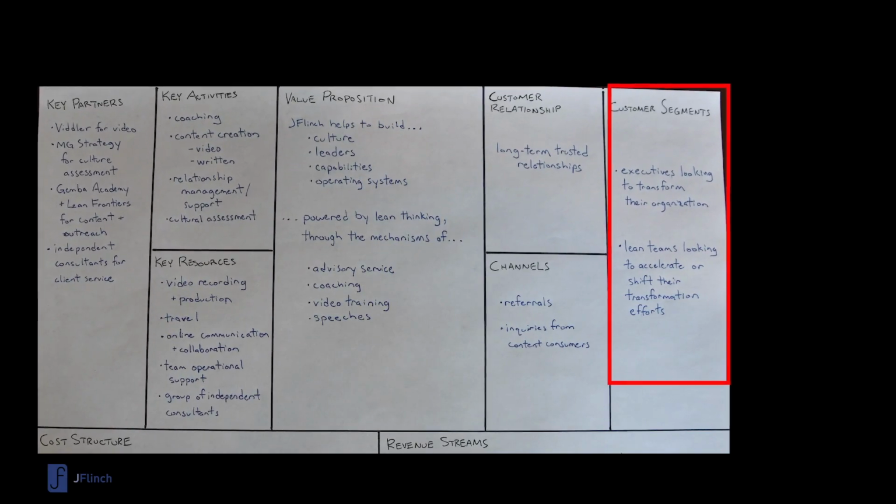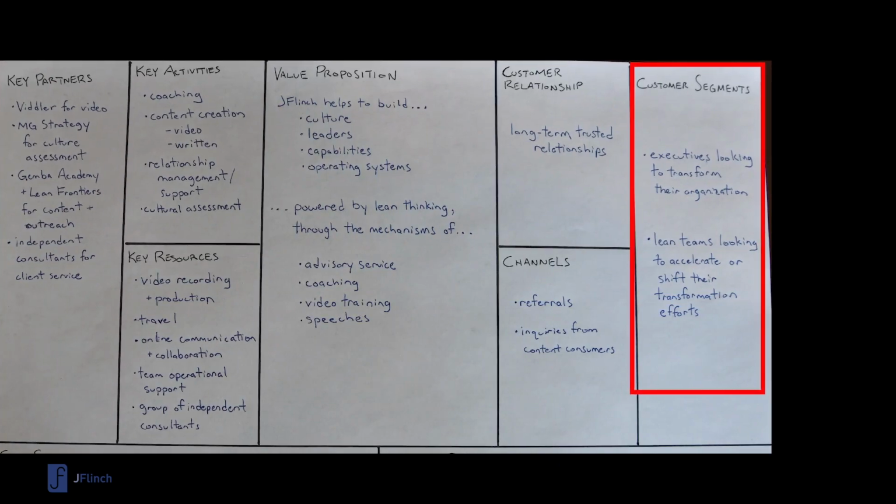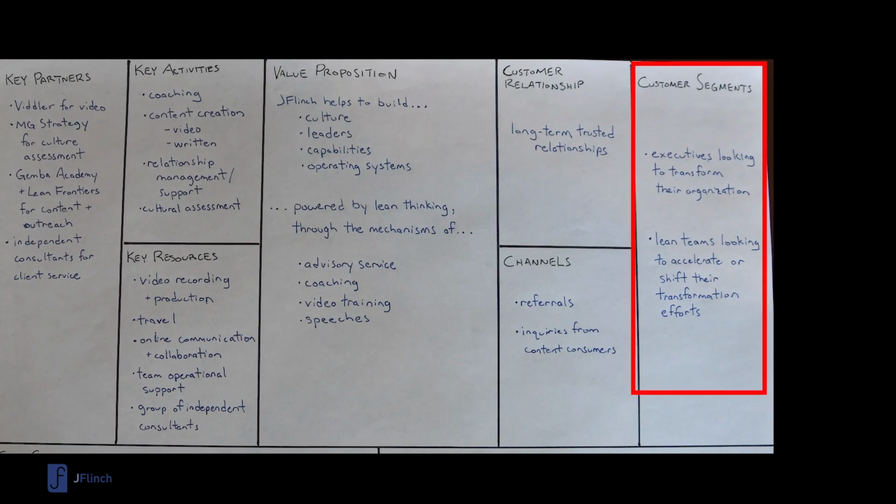But one is executives looking to transform their organization. And so that's one and perhaps the primary. And second are lean teams looking to accelerate or shift their transformation efforts. So I'm generally not engaging the full organization.